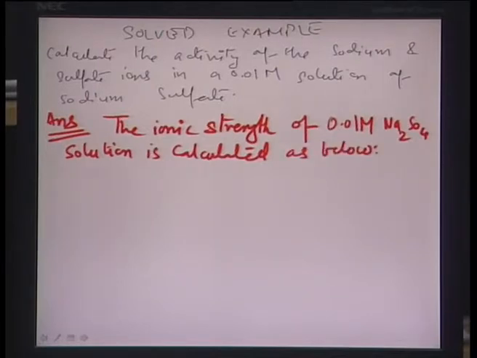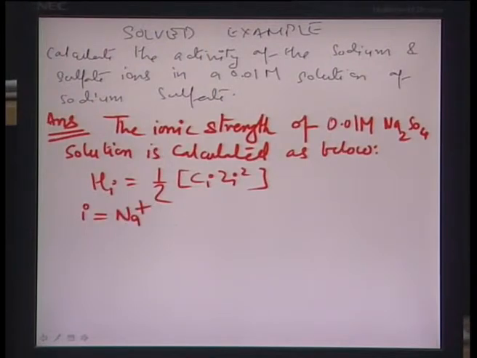You have half sum of CiZi square, right. How many i's are there? There is a Na plus and there is a SO4 minus 2. So, there are 2 i's.